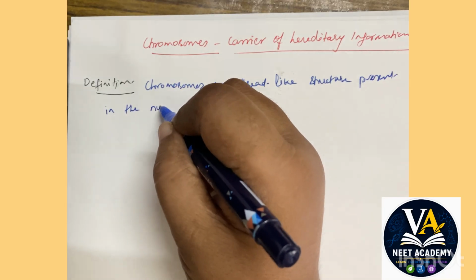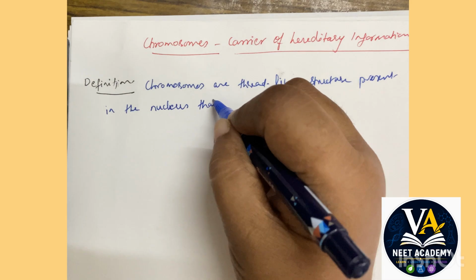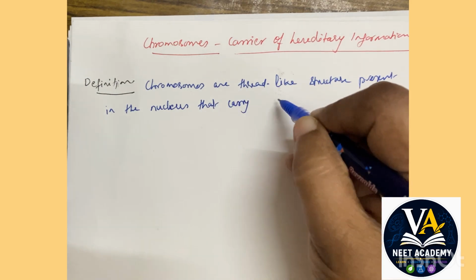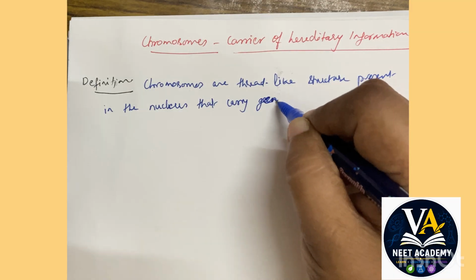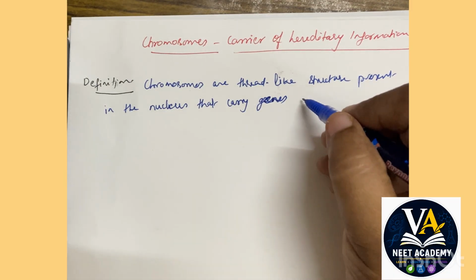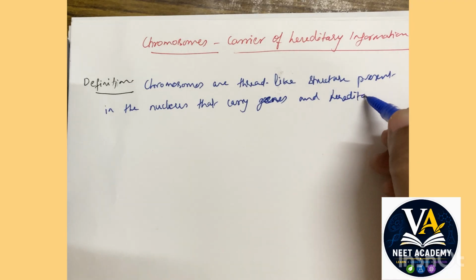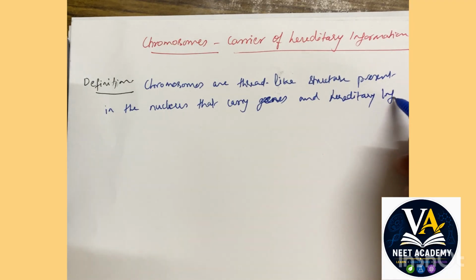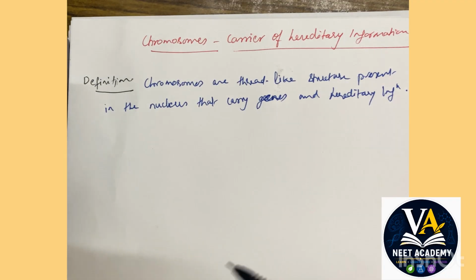What do they do? They carry the genes and, in turn, hereditary information. Clear? So this is how you will define the chromosome: chromosomes are thread-like structures present in the nucleus that carry genes and hereditary information.